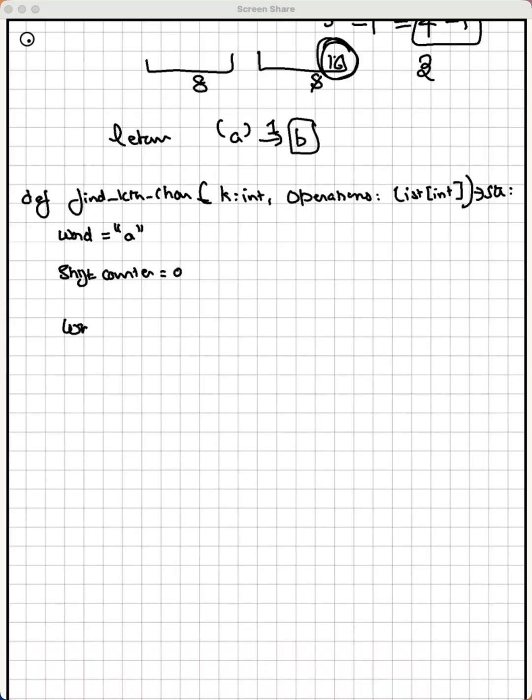Now, while k is greater than 1, because when k is equal to 1, I know the output. When k is equal to 1, my character at that position is always A. So if it is greater than 1, only then do I have operations applying, so I need to evaluate that. So I'll take t equal to k's bit length and then minus 1.